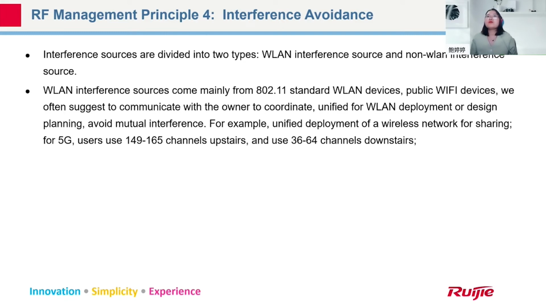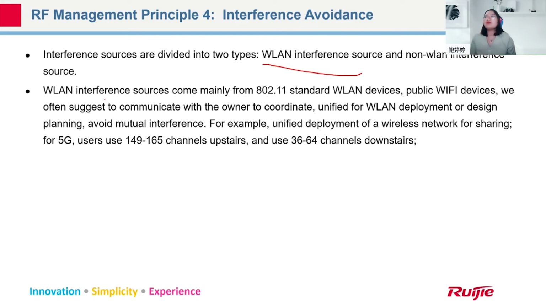And for the next principle, we also have to consider interference avoidance. The interference sources are divided into 2 types: one is WLAN interference sources and the other is non-WLAN interference sources. For WLAN interference sources, it's very easy. All the devices use the same 802.11 protocol.